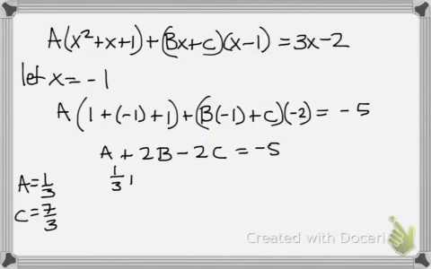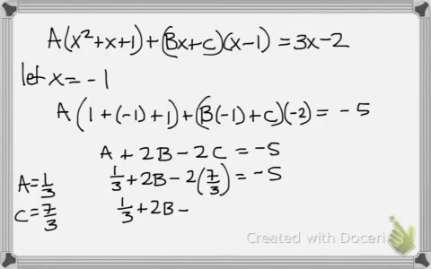So 1/3 plus 2b minus 2 times 7/3 equals negative 5. So from here, 1/3 plus 2b minus 14/3 equals negative 5.